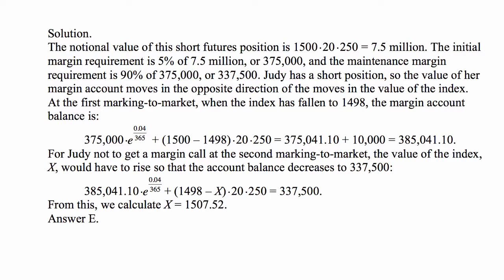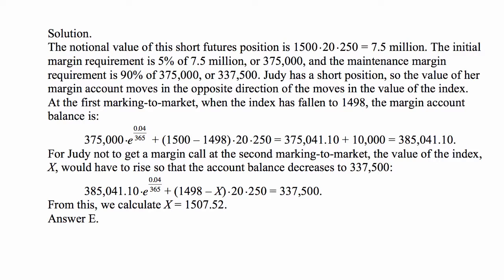For Judy not to get a margin call at the second marking to market, the value of the index X would have to rise so that the account balance decreases to the lowest balance that she is allowed to keep, the maintenance margin, which is 337,500.